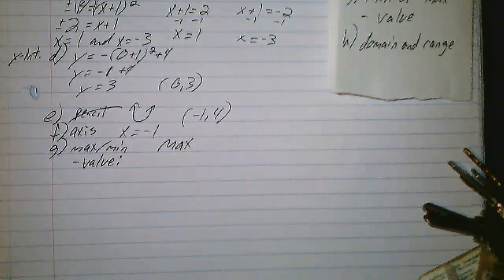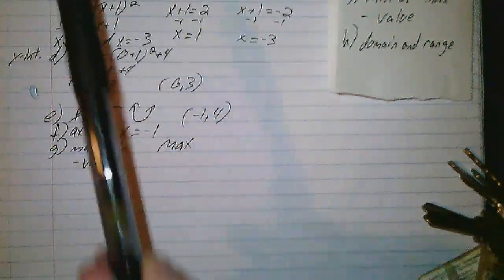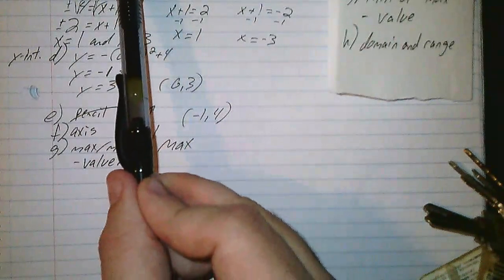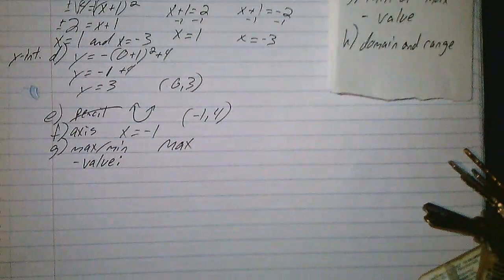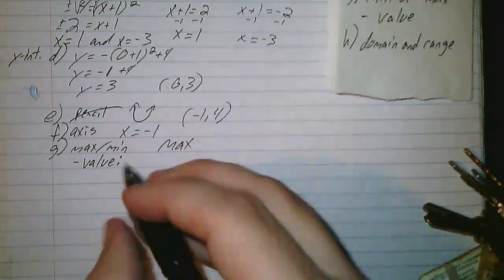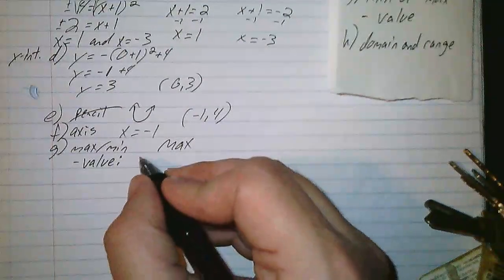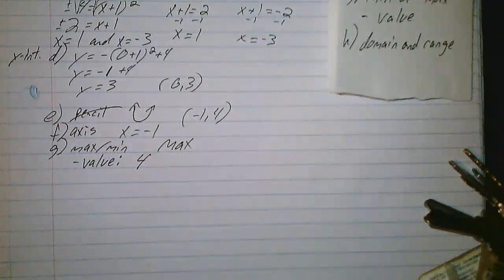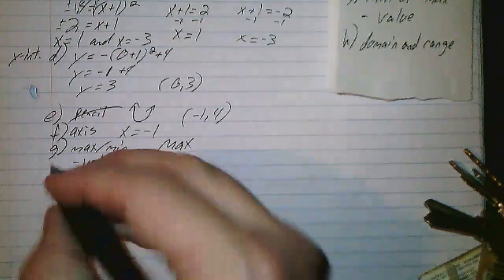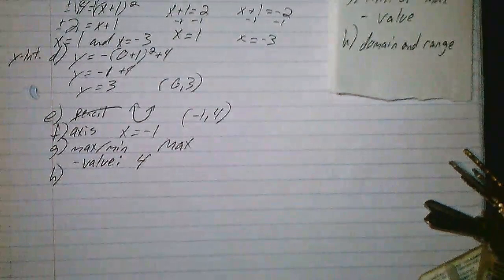The way it asks it is something like: for the function f, where f is negative (x plus 1) squared plus 4, what is the maximum of f? It's just the y value. And I think you just type the number. It asked it in kind of a weird way.